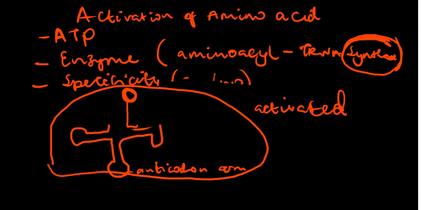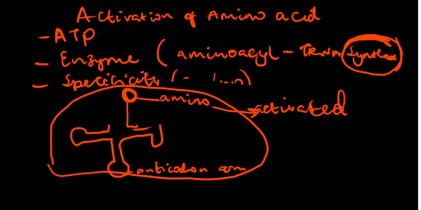It's activated because it has an amino acid that's also activated, and this is the tRNA that can actually participate in the process of translation. So let's go over the steps. We have ATP involved, we have the enzyme, which is amino acyl tRNA synthase, and there's always a specific enzyme for a specific amino acid.